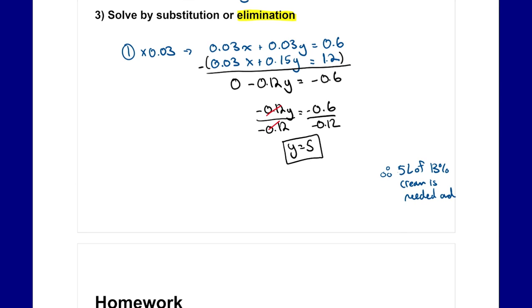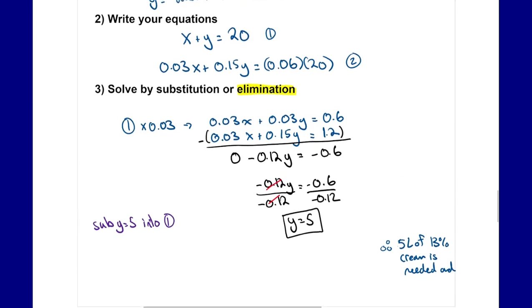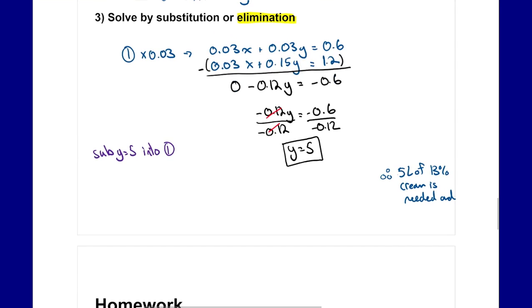And now we need to figure out the other part. So I'm going to take y and I'm going to substitute it in. So sub y equals 5 into equation, let's say equation 1, the x plus y equals 20.